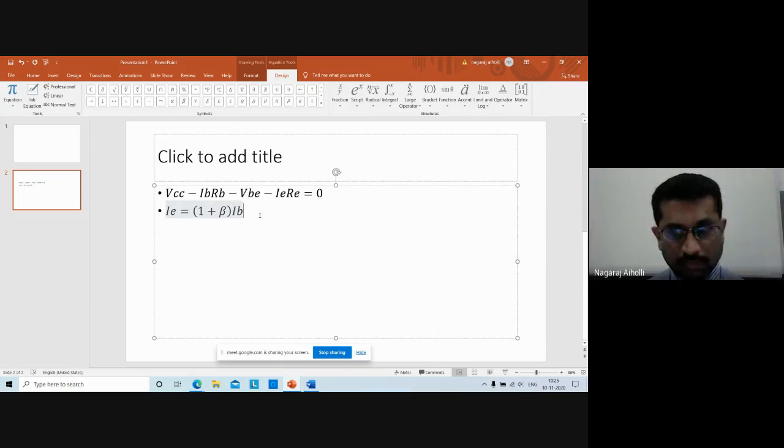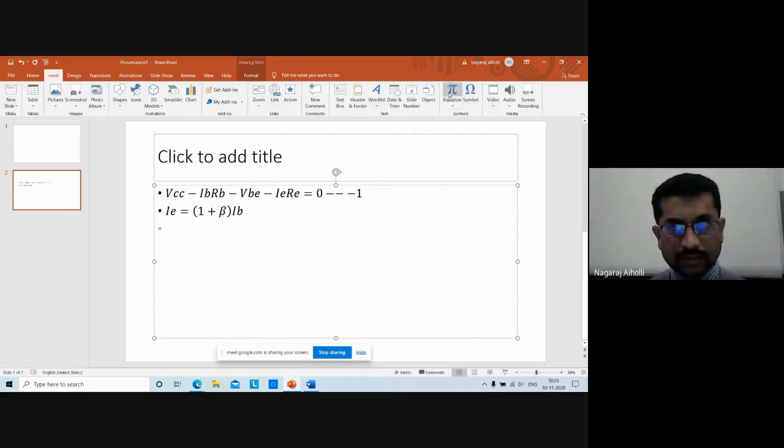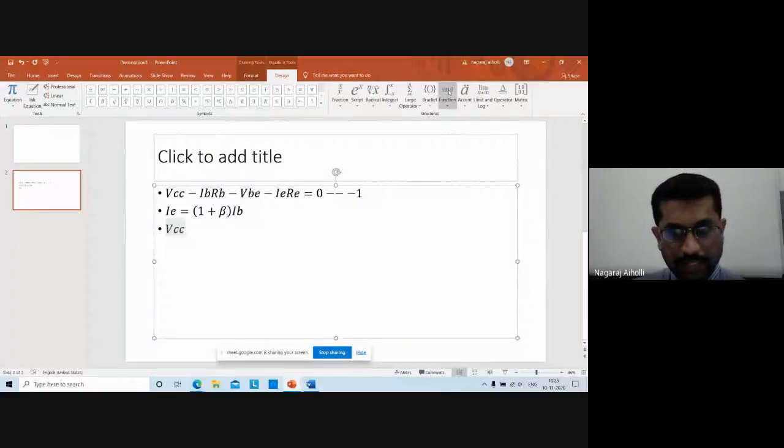Now substitute IE equal to (1 plus beta) IB in the above equation 1, and we get VCC minus IB RB minus VBE minus (1 plus beta) IB RE is equal to 0.